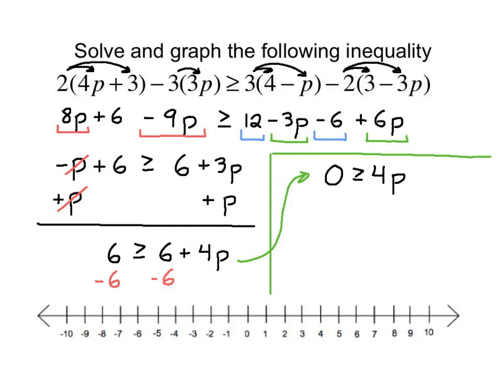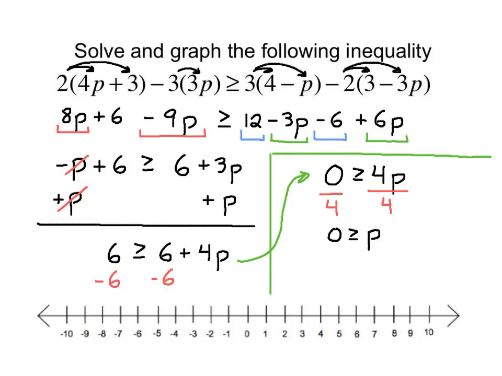And then the last thing I need to do in order to finish solving, the inverse of multiplication is division by 4. And 0 divided by 4, I end up with this final inequality: 0 is greater than or equal to p. You might be noticing, well, this is a little weird to read. This is saying 0 is greater than or equal to p. We're always used to writing the variable on the left-hand side, and that's okay.